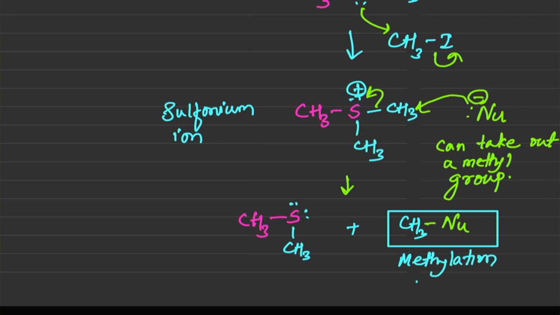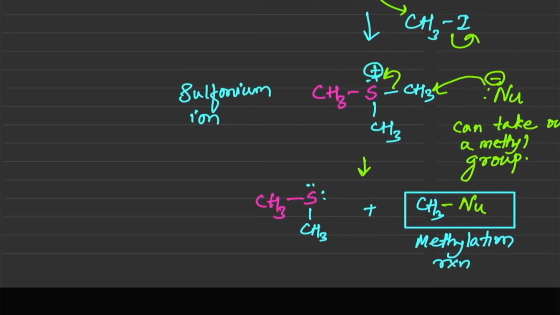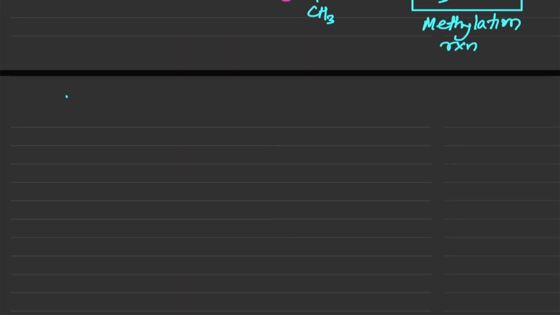So in our body, we have something called SAM. Not the Sam and Frodo from Lord of the Rings. It's called S-adenosyl methionine. So it is a methionine derivative. Hopefully my spelling is correct.